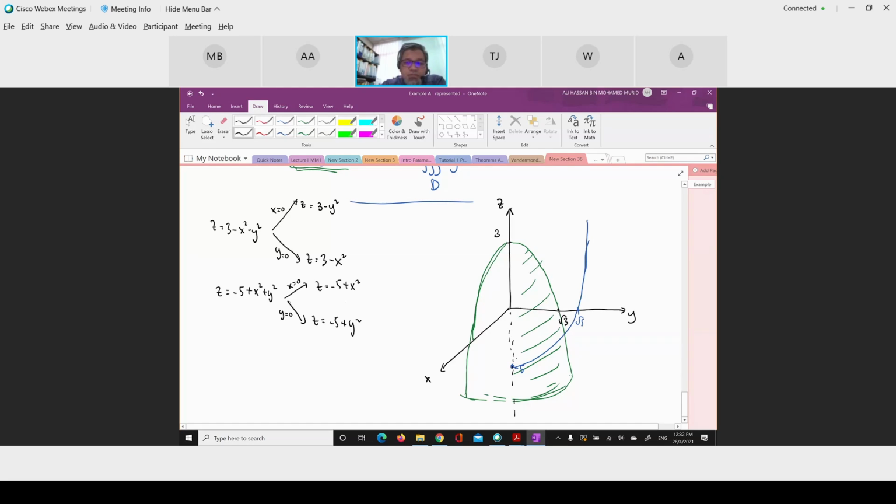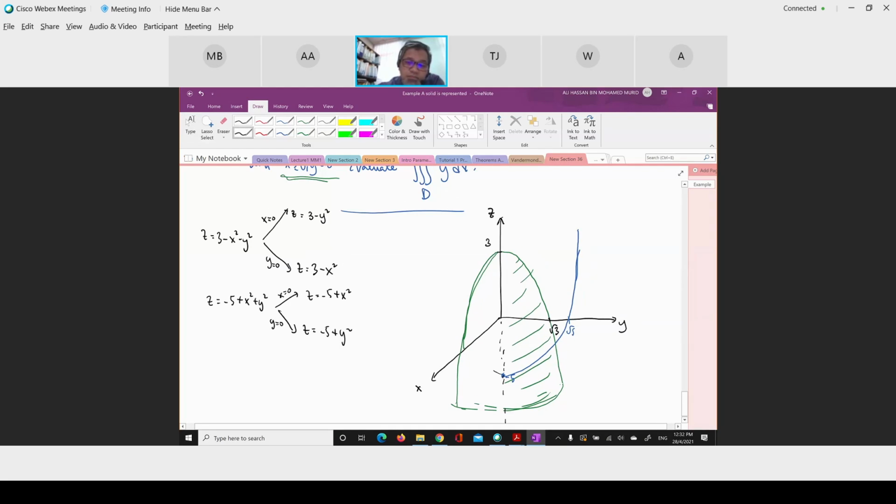And on the xz plane, when y is 0, it is also a parabola. Here, this is square root 5. So it looks something like this.